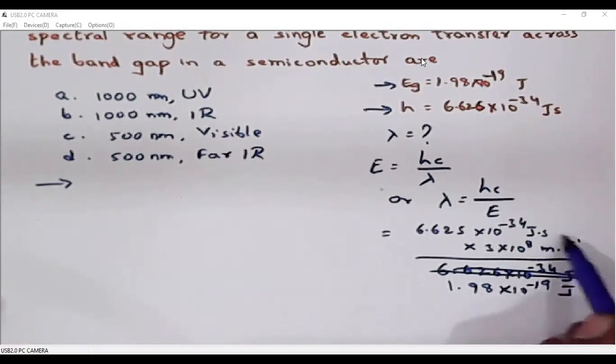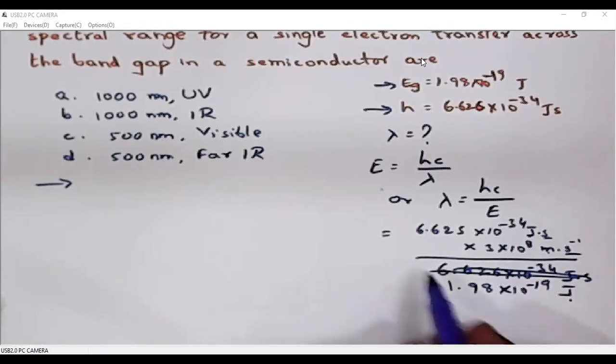Now we can cancel out second inverse, so they will get cancelled. Joule, they will get cancelled. So the resultant is meters.